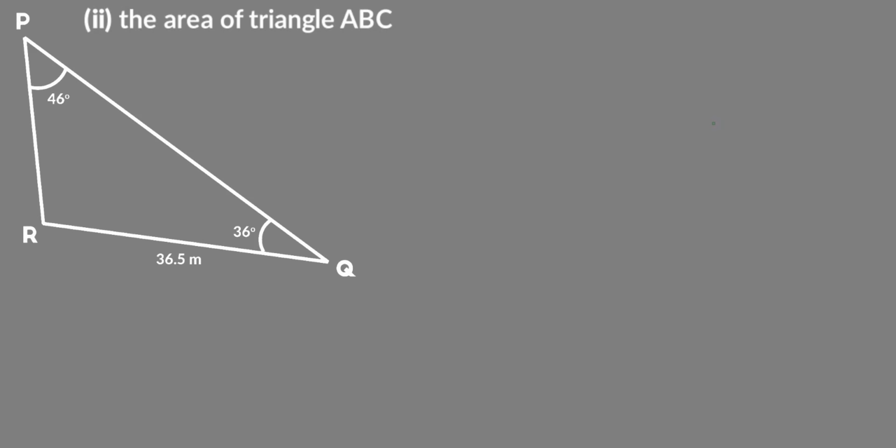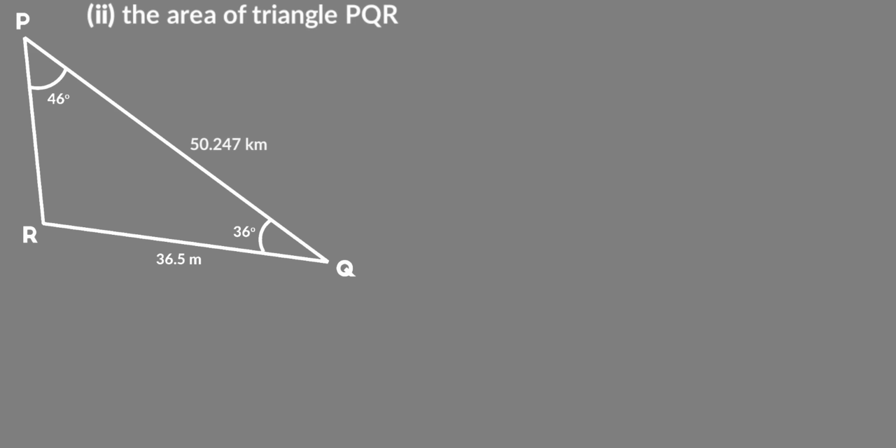When finding the area of triangle PQR, we're going to ask ourselves a simple question: are there any two sides that we know? And we've got the angle between those two sides. If you can remember, we found the distance of PQ. And because we have the distance PQ, the distance RQ, and the angle between these two distances, we can use them to find the area of triangle PQR.